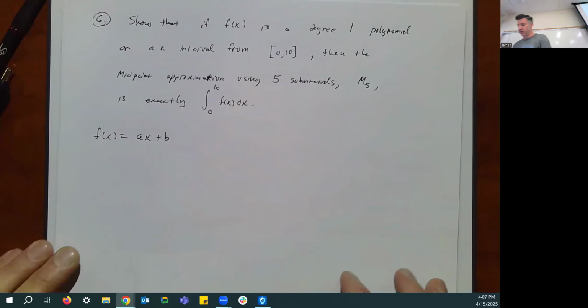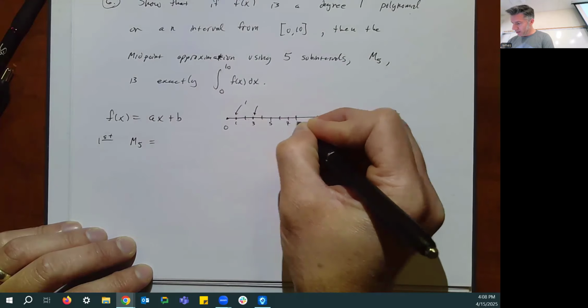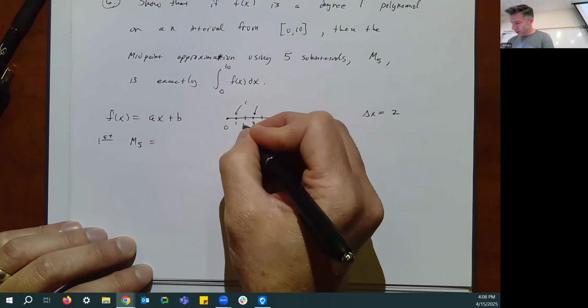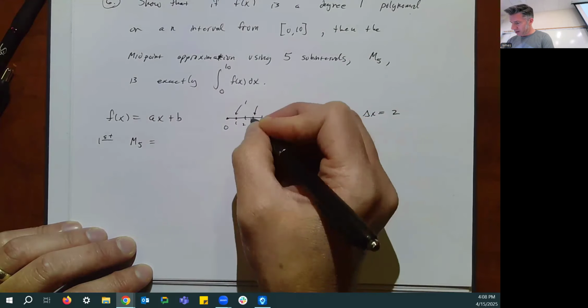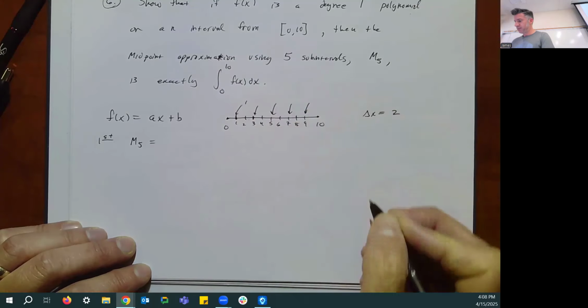And my midpoints are going to be at 1 and 3 and 5 and 7 and 9, because my endpoints were 2, 4, 6, 8, and 10. So here are my midpoints.